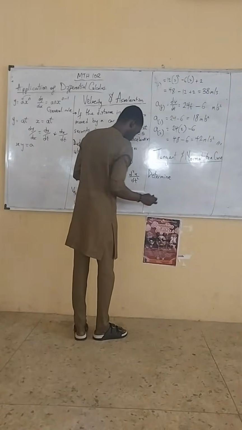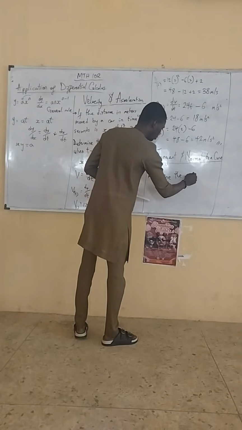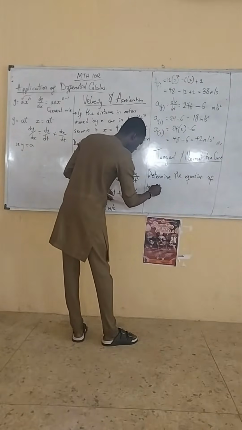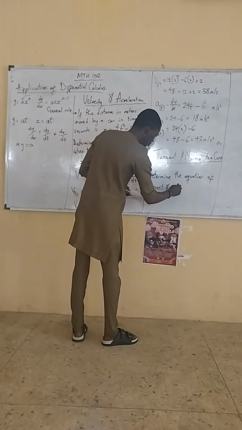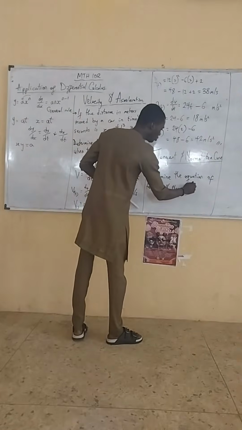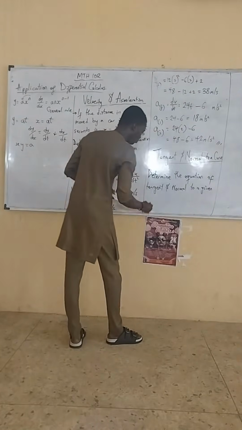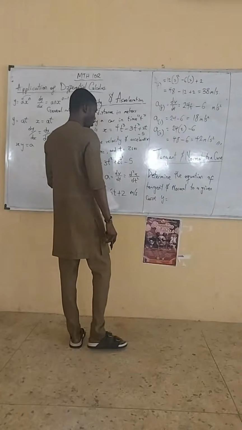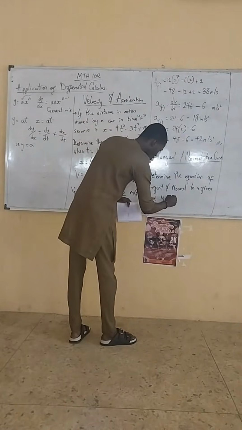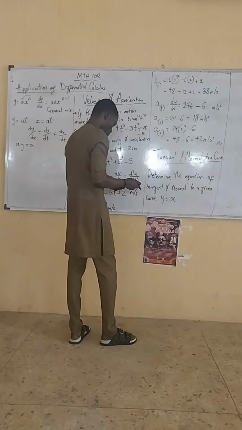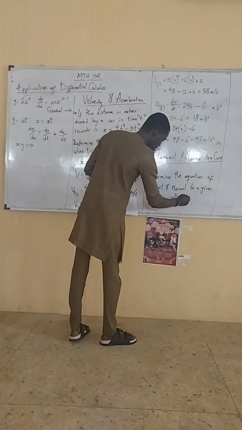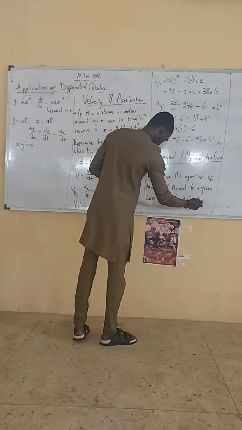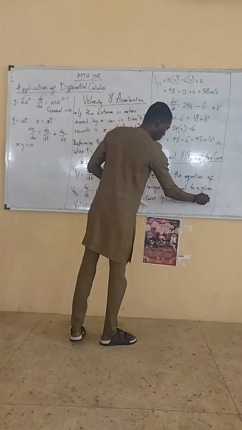Now to determine the equation of tangent and normal to a given curve y equals x raised to the power of 3 minus 3x squared plus 5x minus 1.